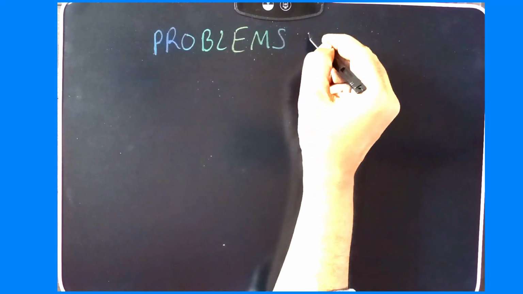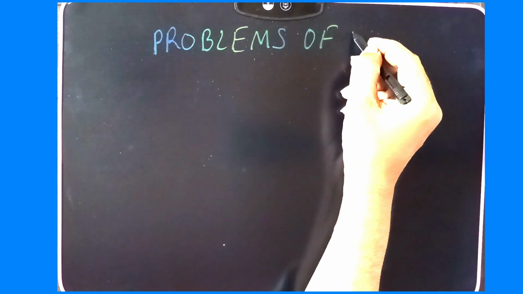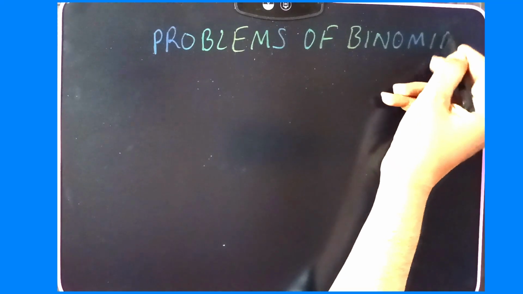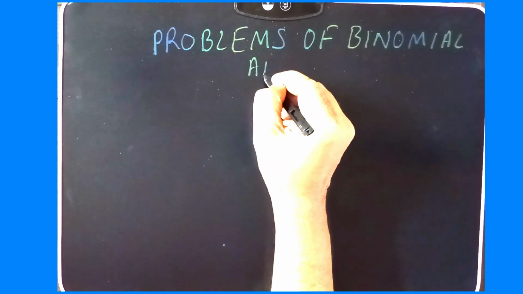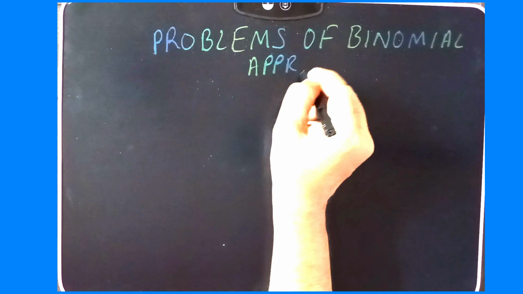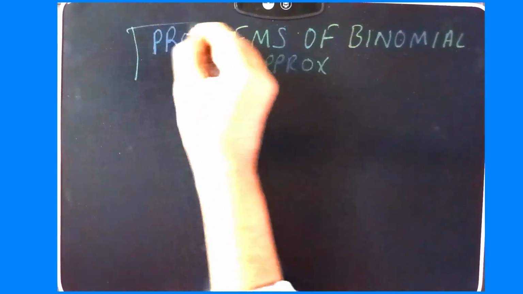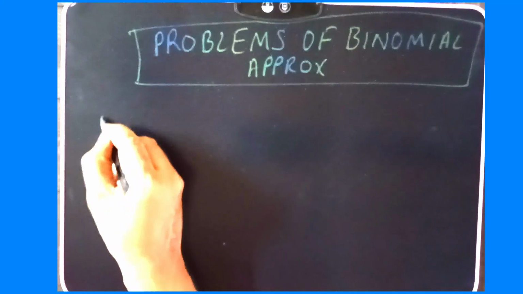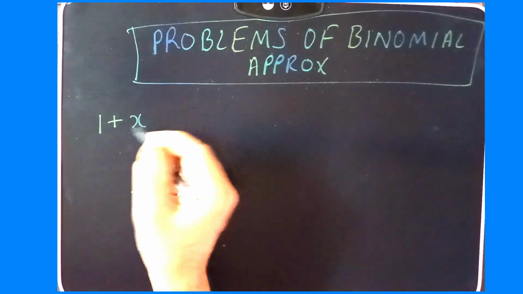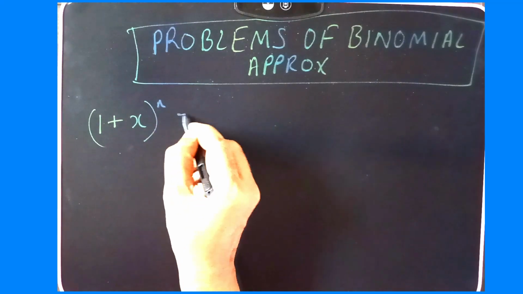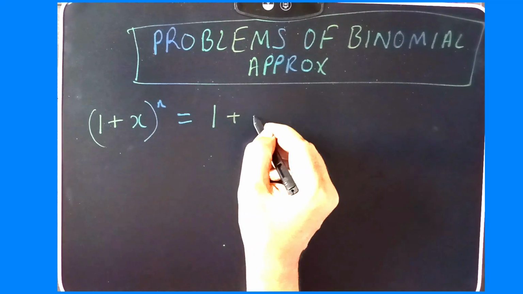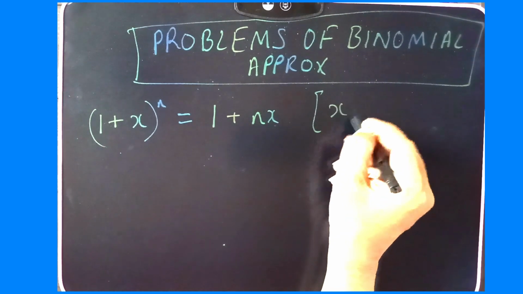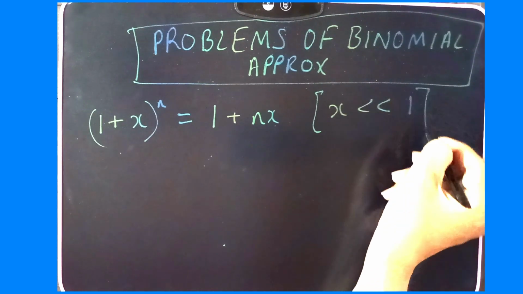Okay. Problems of binomial approximation, it's called, right? What was binomial approximation? If you have an expression like 1 plus x raised to power of n, then this can be solved as 1 plus nx, where x is very less than 1.